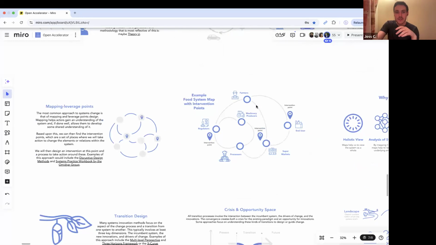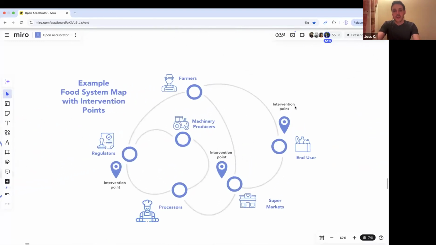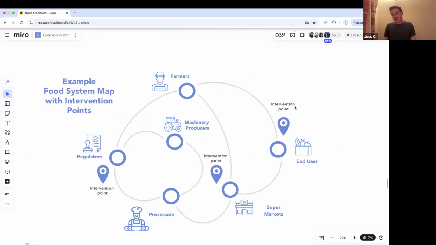The idea that we're dealing with systems like a food system, and we need to understand those, so map them out. What are the elements? What are the factors, actors, and so forth? How are they interrelated to understand this system? And then we need to try and find those intervention points, which are the best places or set of places to intervene to shift the system's dynamics and realize the emergence of a new system over time.